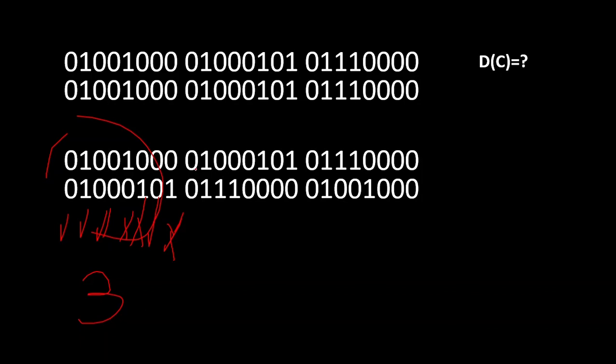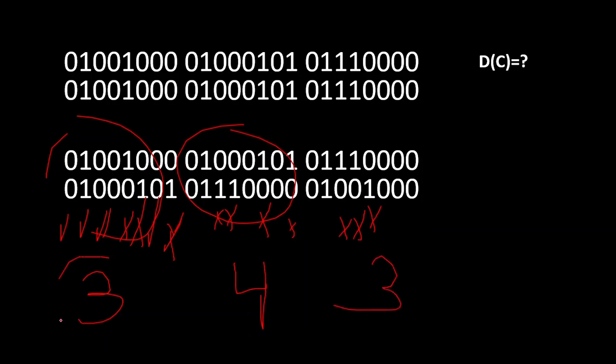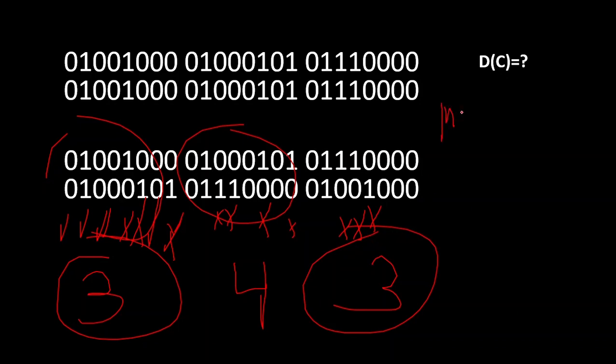Moving on: same, not the same, not the same, not the same, not the same. This pair right here is 4. Now the next one: not the same, not the same, not the same, and that's it. It's 3. So therefore, the Hamming distance, or should I say the minimum distance DC, is 3.